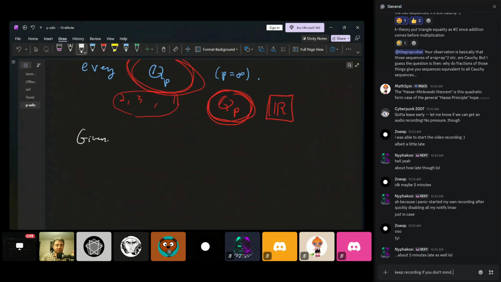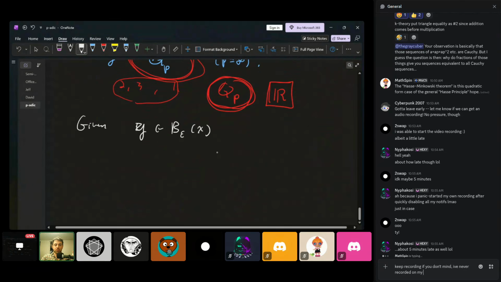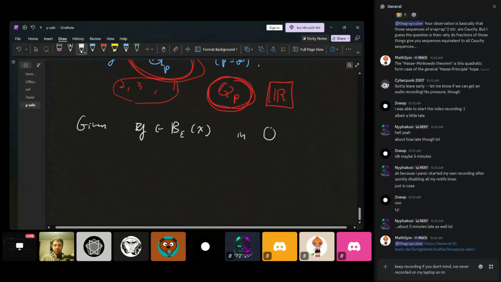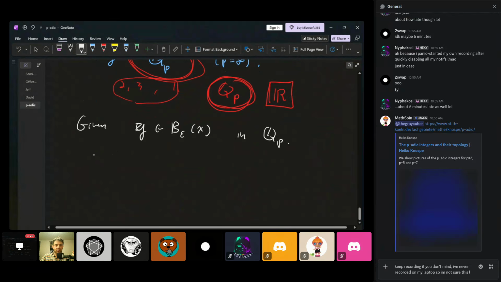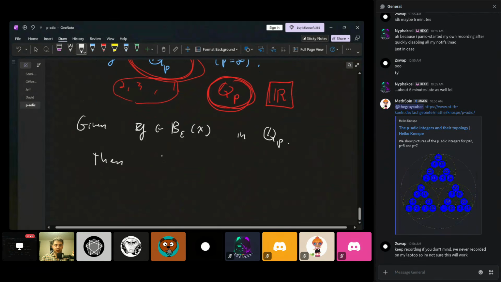Given any point y in any epsilon ball around x in the p-adic numbers, the epsilon ball centered at y is equal to the epsilon ball centered around x.